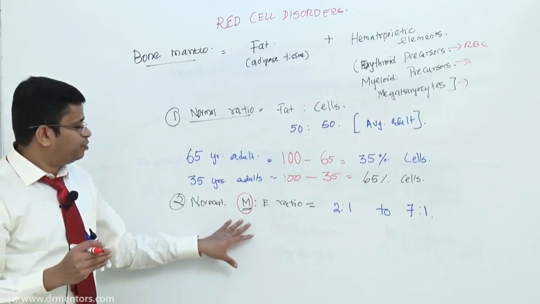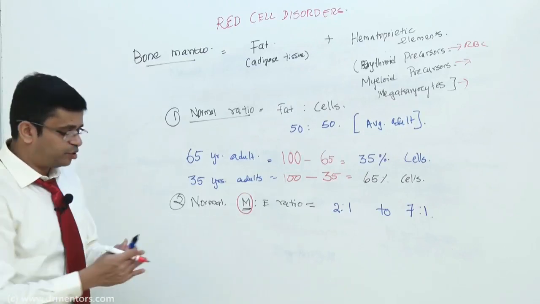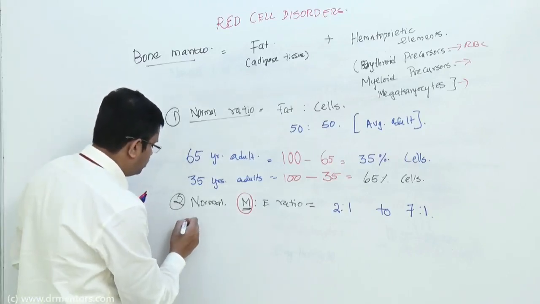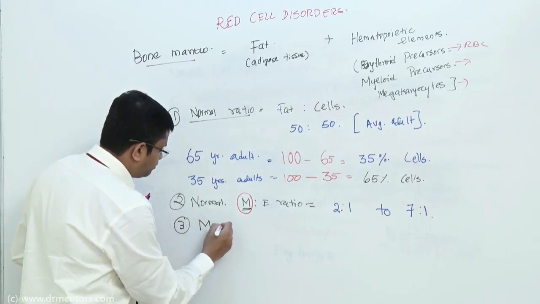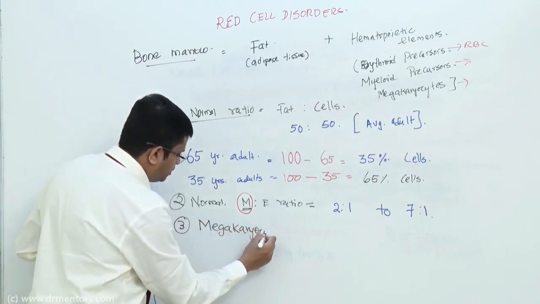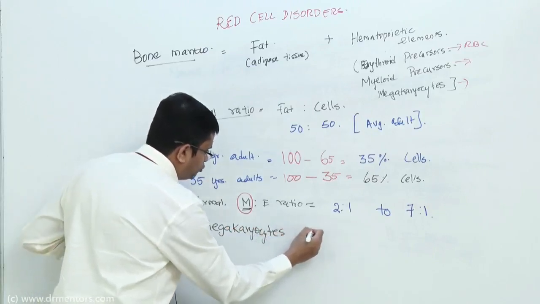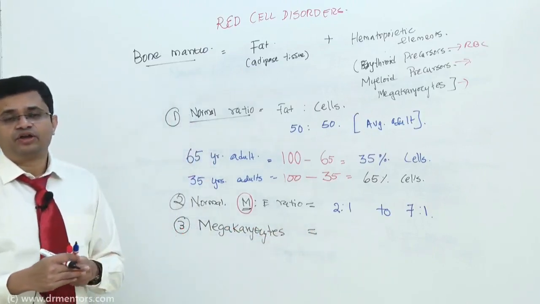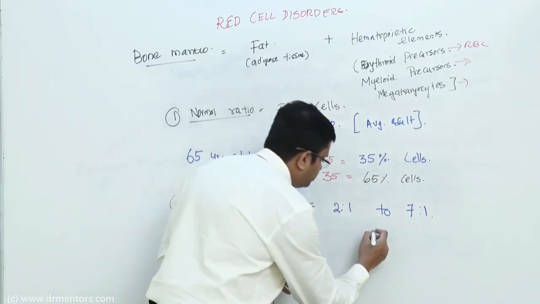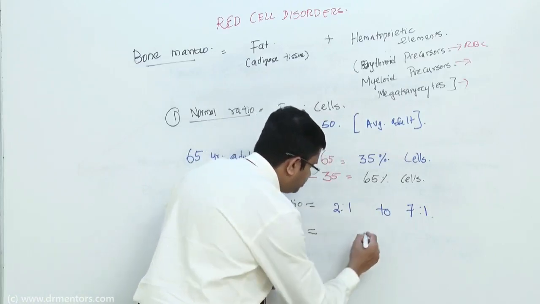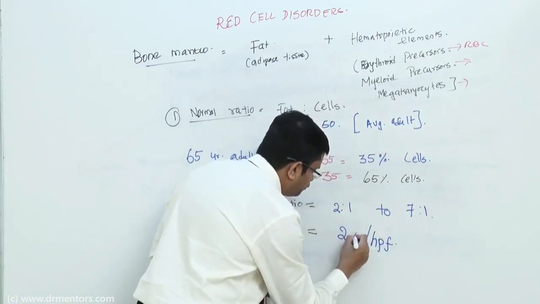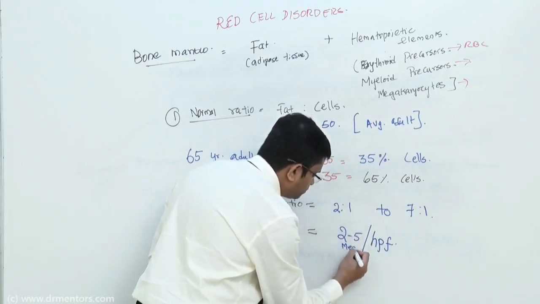Now, if you are assessing only myeloid erythroid, how about megakaryocytes? Can you have any value for megakaryocytes? Yes, I have one simple formula. Megakaryocytes can also be assessed for adequacy. In a single high power field, you should have 2 to 5 megakaryocytes.